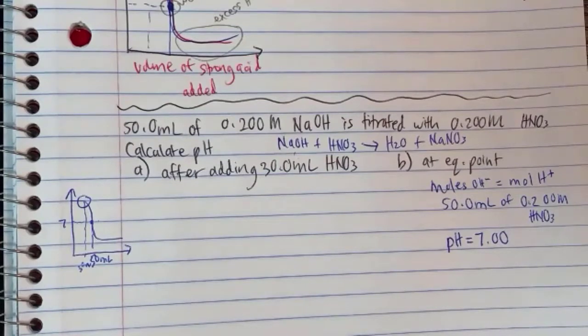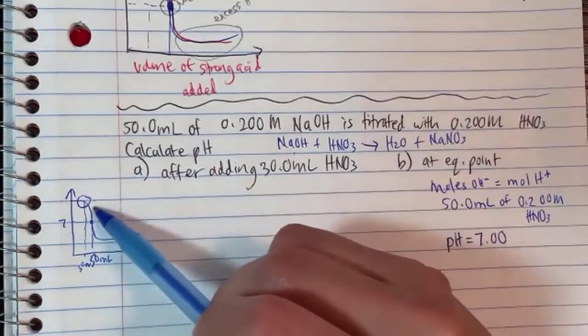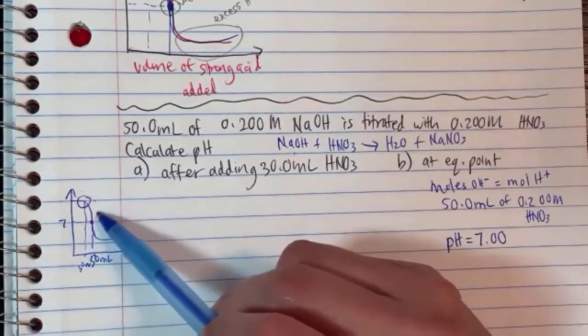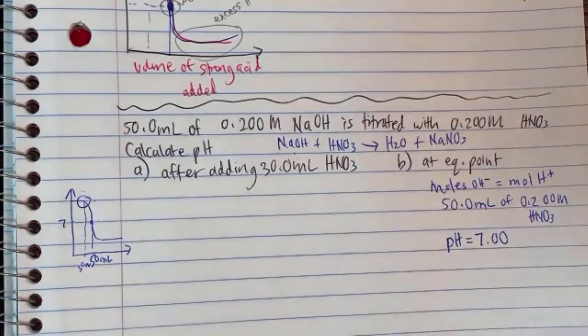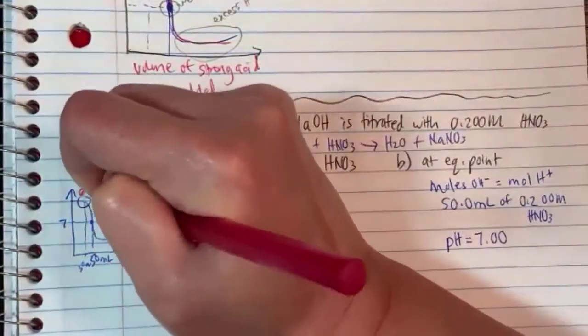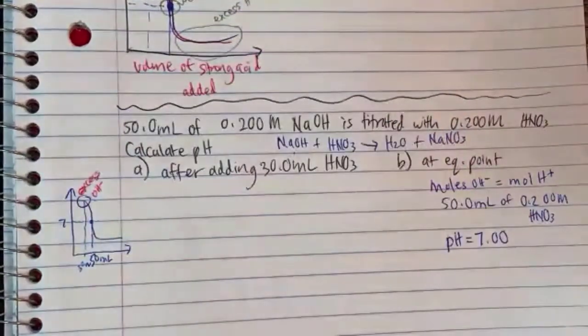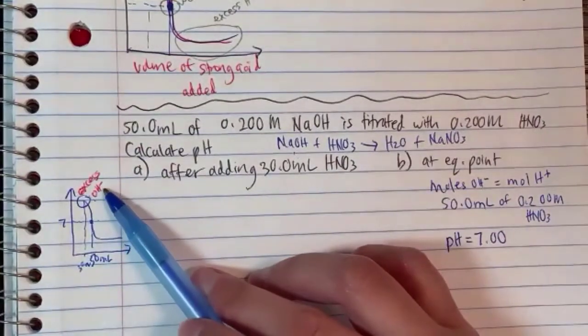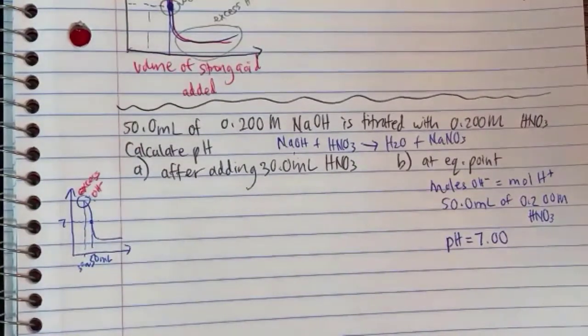But how can we calculate this? At the equivalence point, H and OH are equal. At this point here, you actually have an excess of hydroxide. Because it's excess hydroxide, all you have to do is calculate how many moles of hydroxide there are. And then we find the molarity, we get the pOH, and then we get the pH. So let's go ahead and do that.